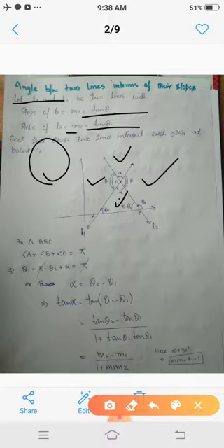Now in triangle ABO, sorry, here it is O, not C. The sum of the angles of a triangle is pi, meaning 180. Here this angle A is theta 1. This angle O is alpha, because of vertically opposite angles.